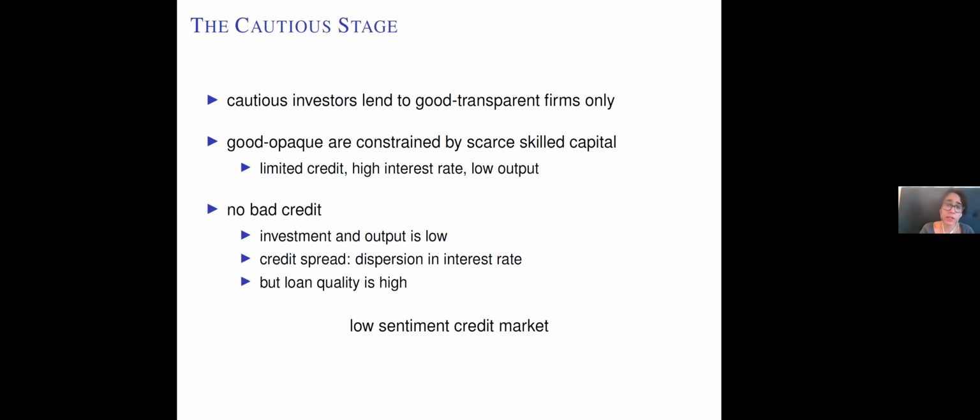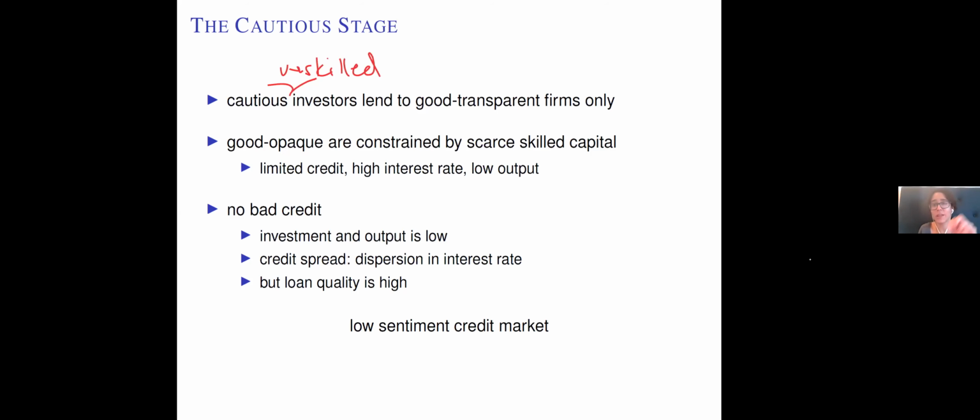In the cautious stage, investors lend to good, transparent firms only. Unskilled investors, who are most of the investors, only lend to good, transparent entrepreneurs because they choose cautious tests. They cannot tell apart who is a good, opaque entrepreneur. So the good, opaque entrepreneurs are constrained by the scarce capital of the skilled investors.